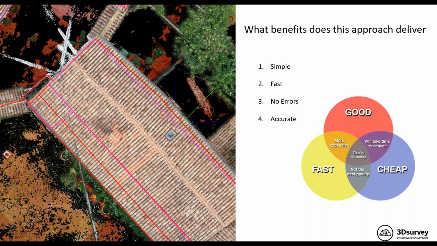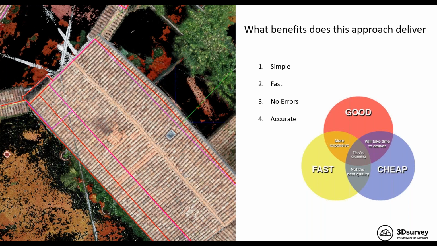So for the end, I think most of you have already seen this kind of graphic. So this is a good example for survey work. Usually we say, if you want to have a good result, it can be fast, but it will be more expensive.